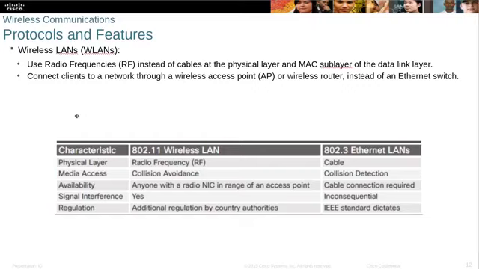So with 802.3, which is a wired Ethernet LAN, we make use of a cable. With 802.11, which is a wireless LAN, we make use of radio frequencies. 802.3 Ethernet LANs, because they're on a cable, we can make use of what's known as collision detection, or to give it its full term, carrier sense multiple access collision detection.